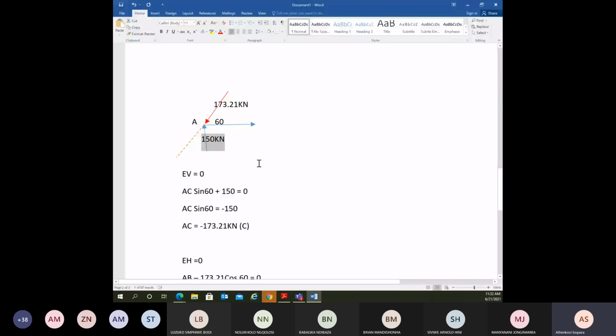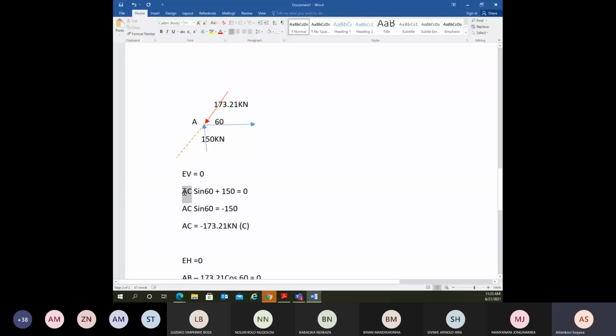Now, for me to determine the member AC, I will use the sum of the verticals. The vertical force there I will get from AC multiplied by sine 60.